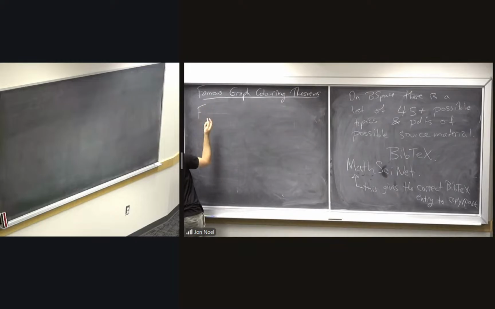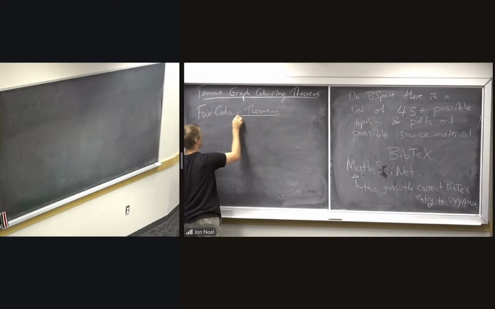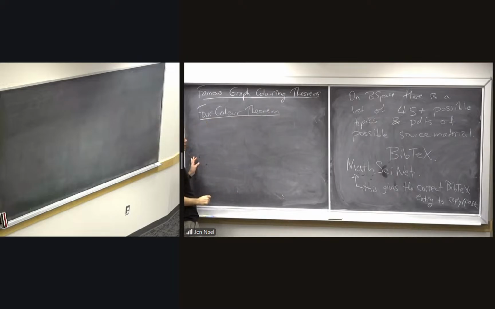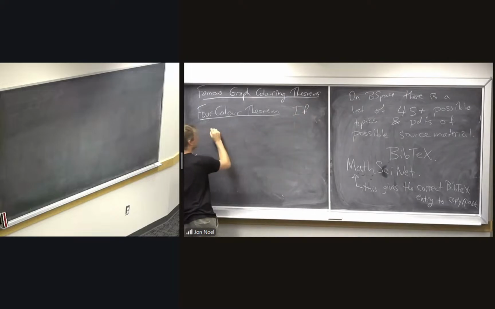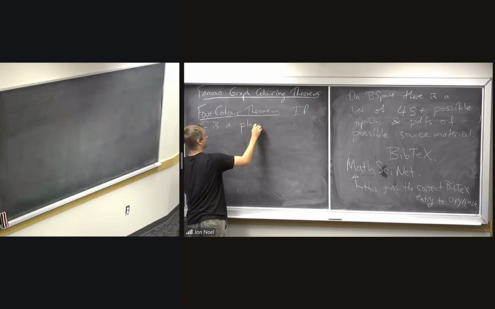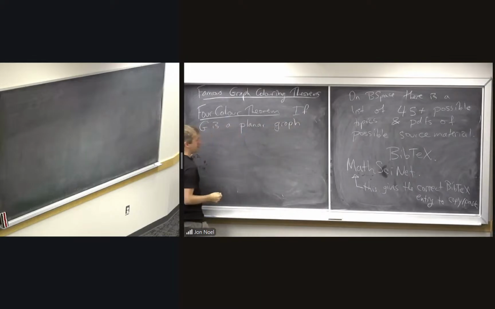So probably the most famous, you may have heard of this, the four-color theorem, which says that if G is a planar graph, a planar graph is just a graph that can be drawn on a plane, on the chalkboard, without crossing any edges.